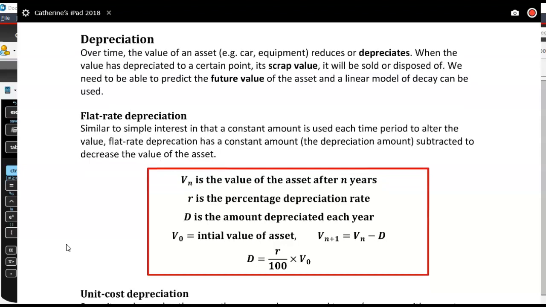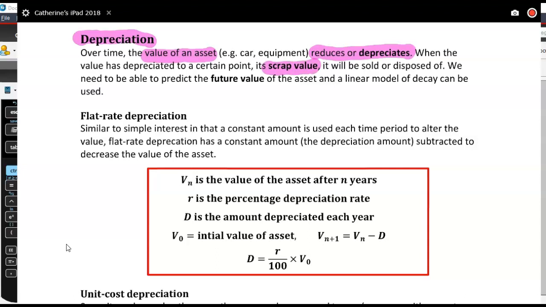Okay, depreciation. So over time, the value of an asset reduces or depreciates. So when it has depreciated to a certain point, we call that a scrap value.